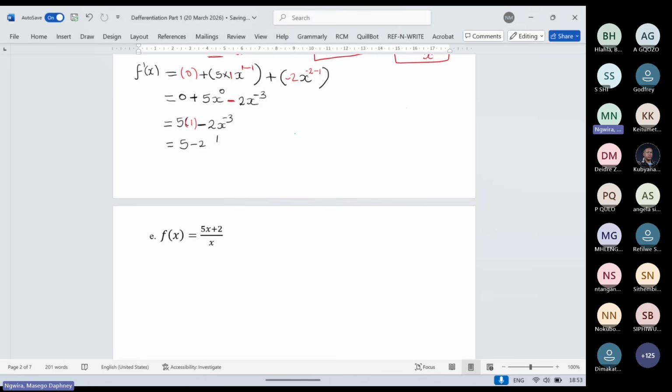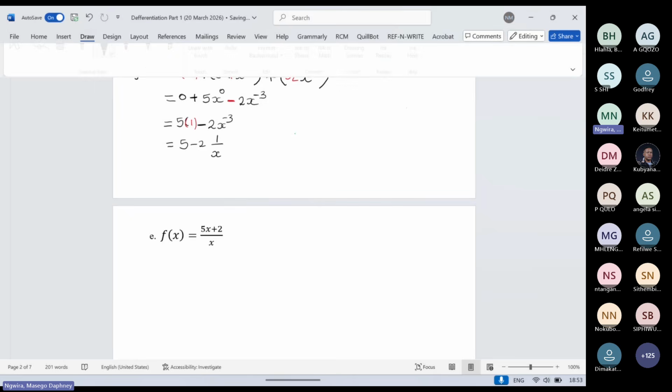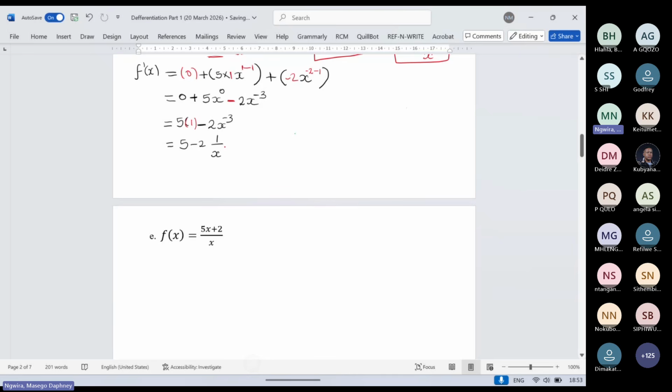This will be 1 over x to the power of positive 3. I'm just going to write it like this because the rules are you must leave the exponent. So someone might just write it like this, or you can write it as 5 minus 2 over x to the power of 3. I'm saying or.